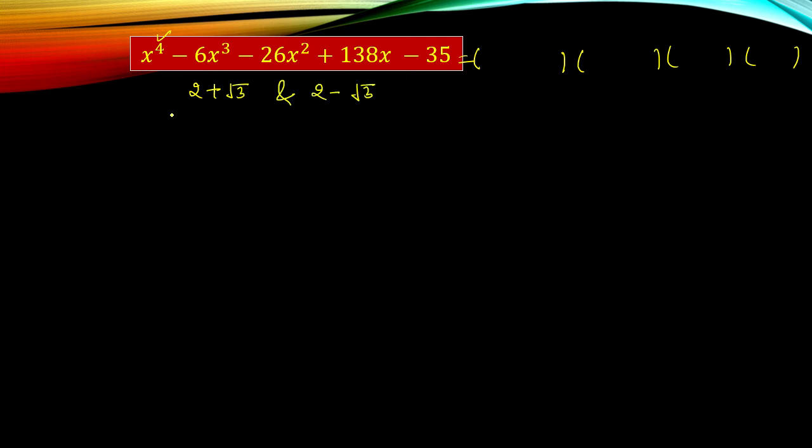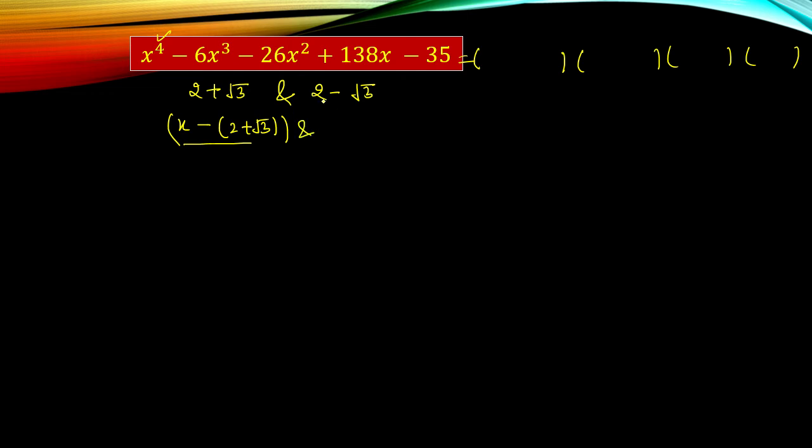As we are aware, if we change the sign of the zeros of the polynomial and associate them with the variable, we can get the factors of the polynomial.